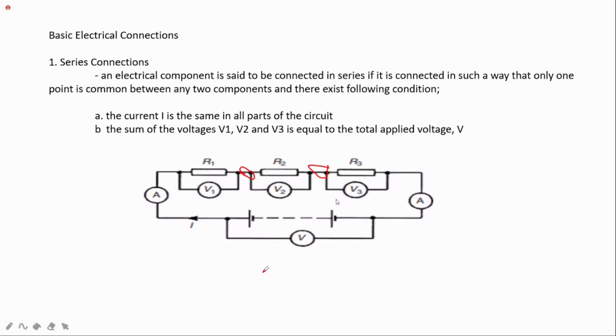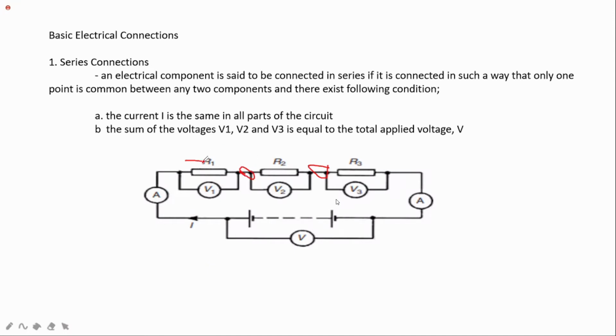Imagine a pipe, no? So it carries water. If they are connected in such a way that there is no other path for water to flow, meaning the same water is flowing from one end to another end, from one pipe to another pipe, then they are connected in series, no? So your pipes are connected in series.